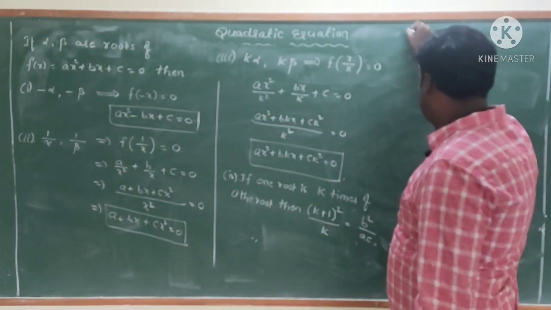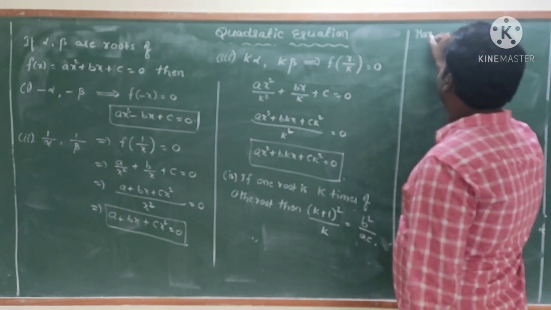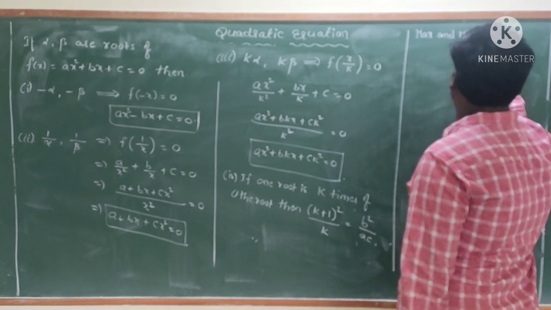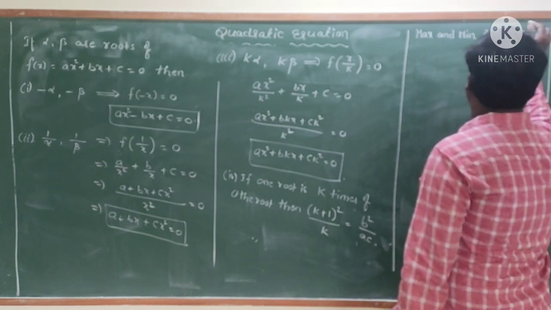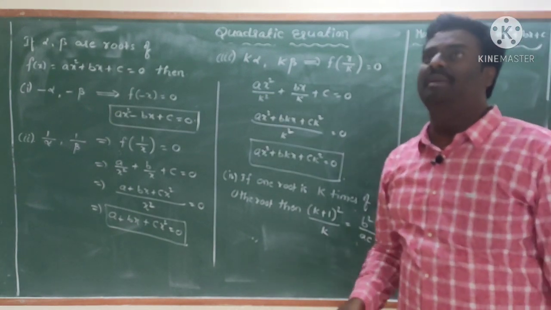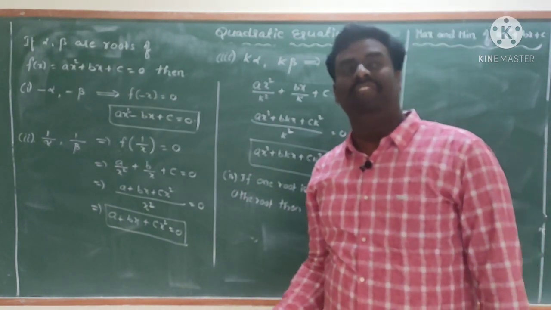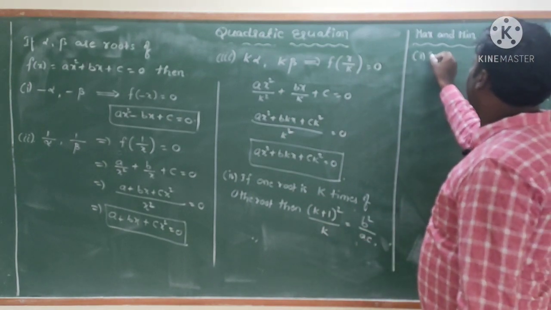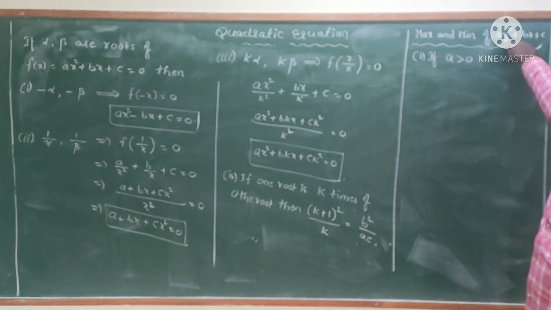And the last concept in this quadratic equation is the maximum and minimum of the quadratic expression ax square plus bx plus c. So how to find the maximum and minimum value of the quadratic expression, and at which point does it have the maximum and minimum? First, a is nothing but the coefficient of x square.